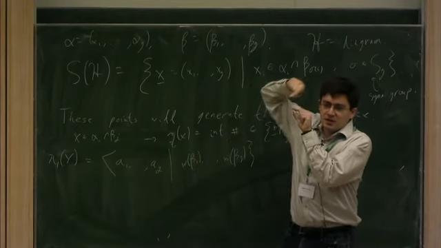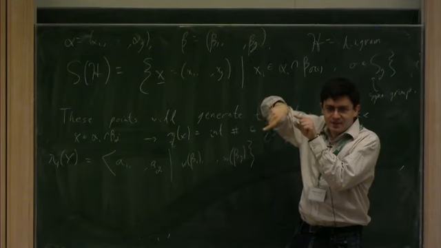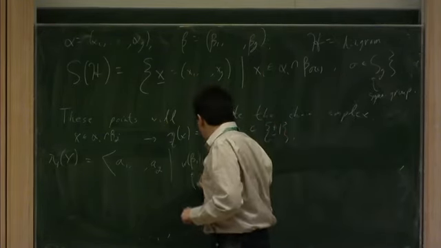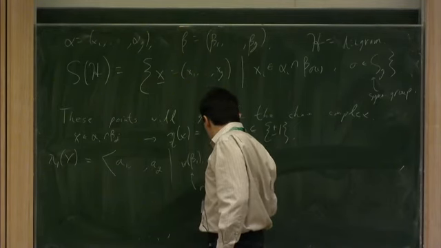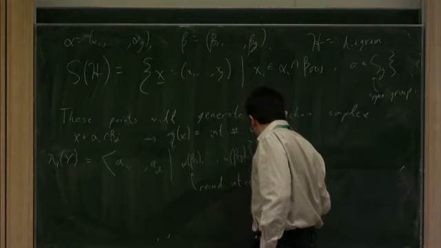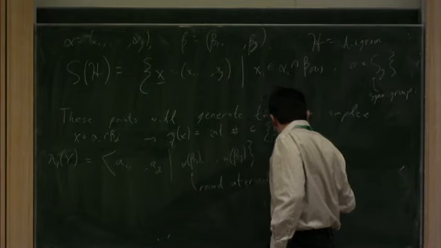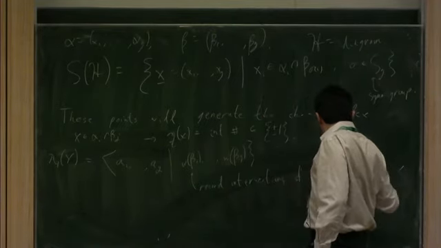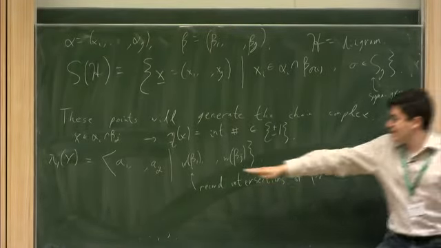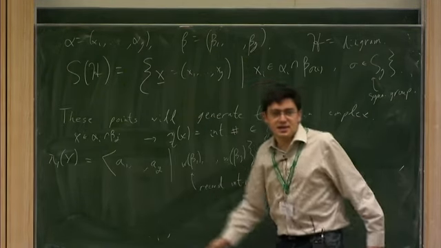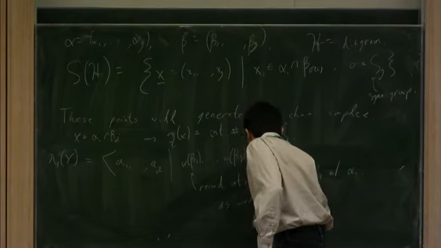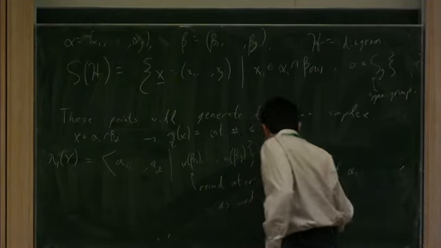Take a beta curve, read around that beta curve, and record intersections of beta_j with alpha_i, and those are recorded as a word in the letters a_i to the plus or minus 1.